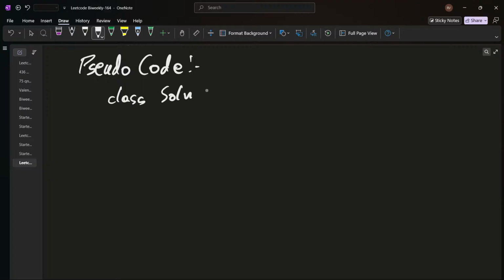and the next line, the function def, whatever the function name is given. Next you take a string, s is equal to, convert it to string.